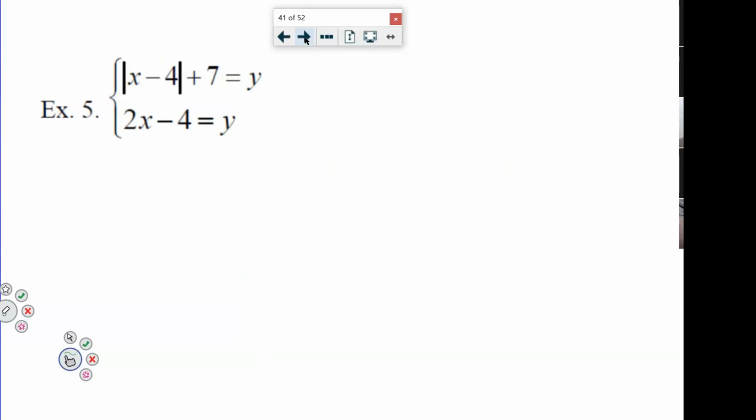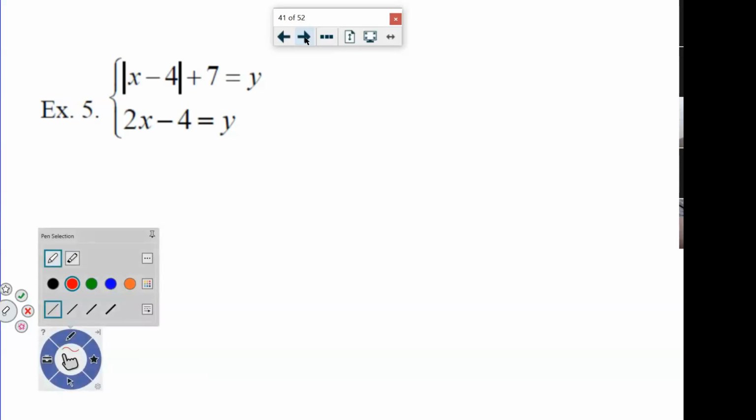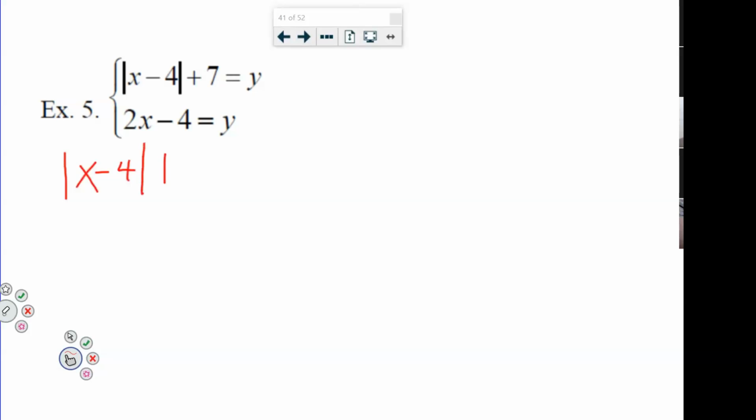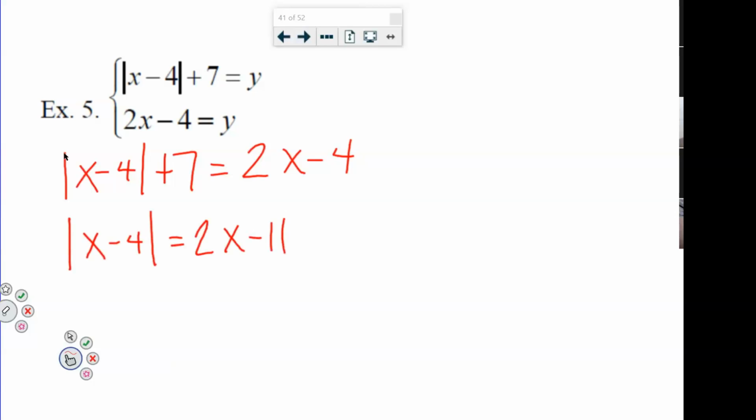All right, so they both equal y. Y'all, I'm going to drop in 2x minus 4 for that y value. When you guys have x's on both sides, things get a little tricky.